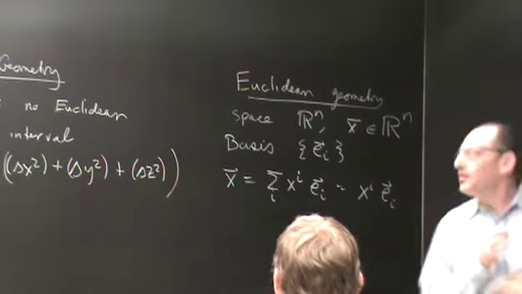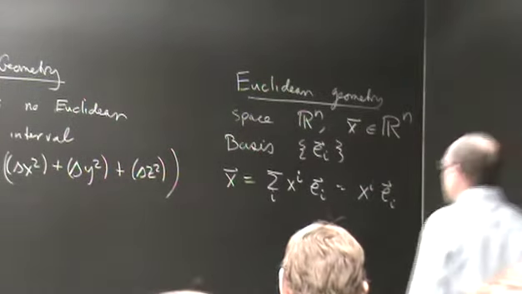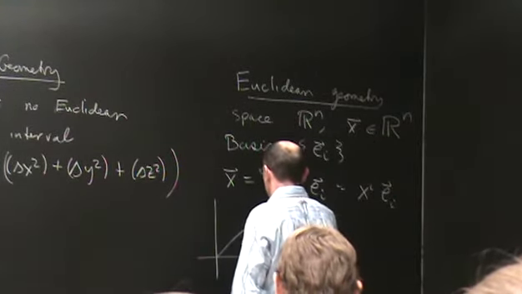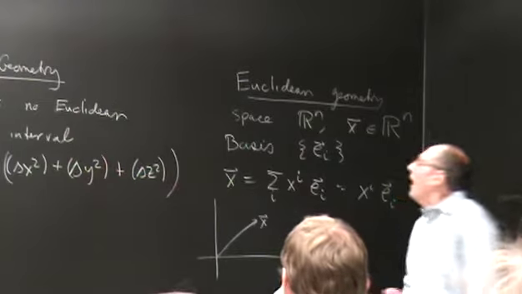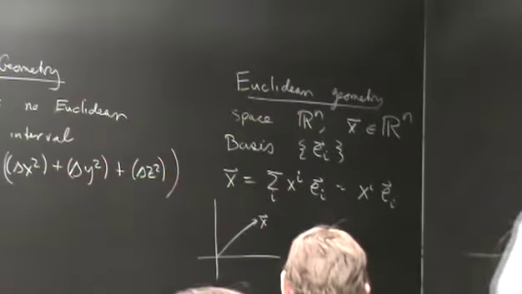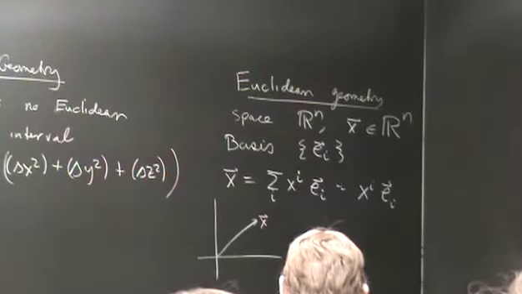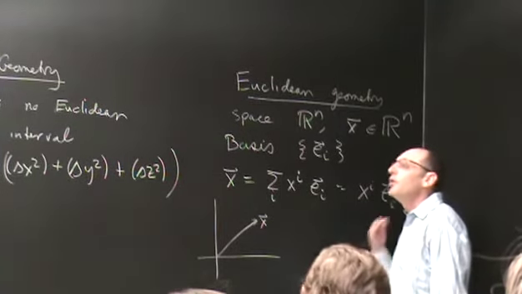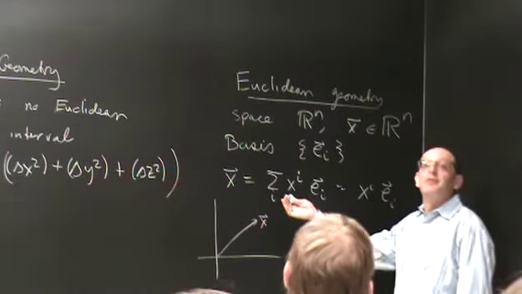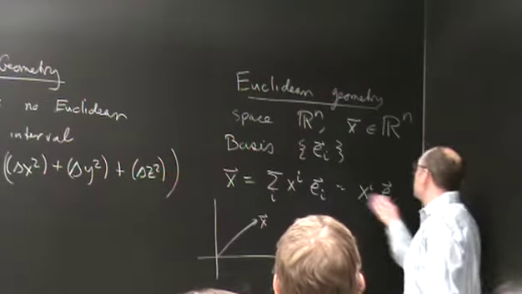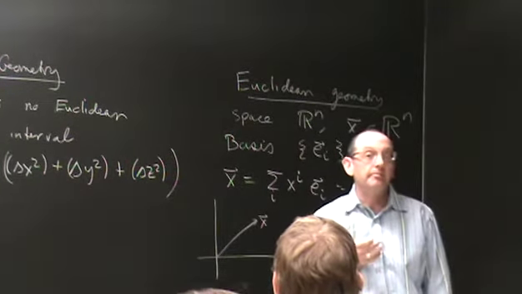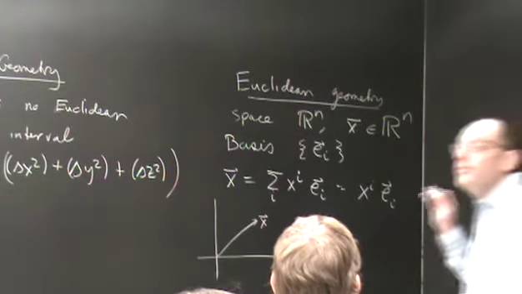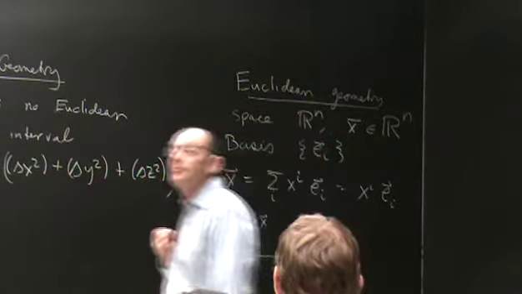All right. So we have this space, we have some x. Now, a vector space, by definition, mathematical definition, is just defined in terms of linear superposition and multiplication by scalars. A vector space on its own has no notion of distance.